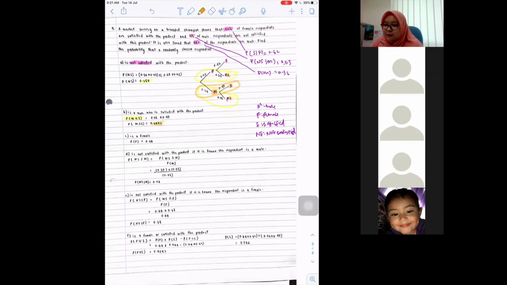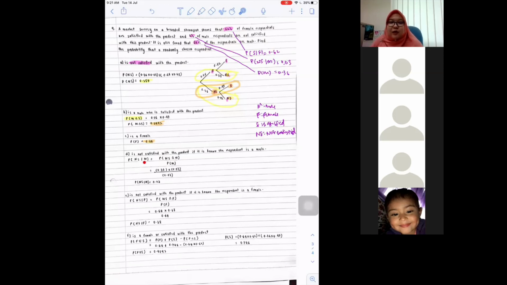Next is a female. Female is here, P(F), probability of female. This is just 1 minus 0.36, so 0.64.